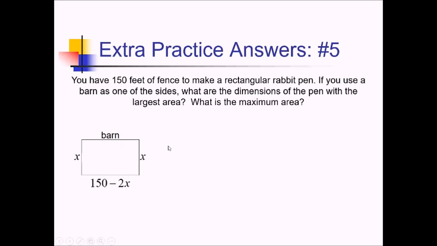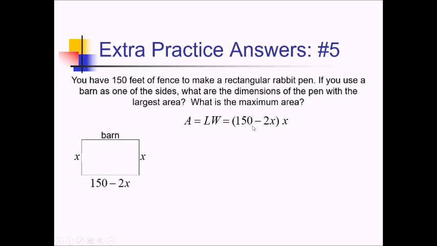All right, now that I've got all the dimensions expressed with one variable, let me write my formula. Area equals length times width. Length in this case we can write as 150 minus 2x. The width is just the x here. And now to maximize this quadratic, I need to find the vertex. Since this is an intercept form, I'm going to find the vertex by finding the zeros of this function and averaging them together.